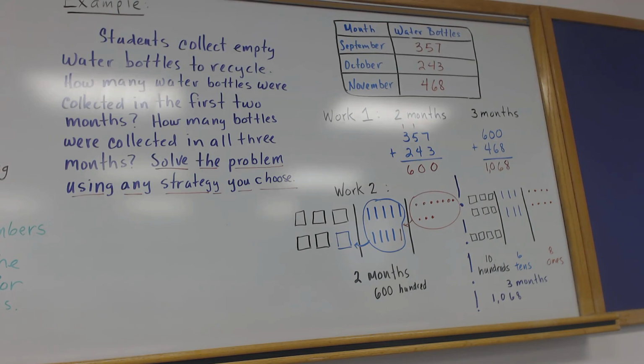Then he added the 6 tens, and then he added the 8 ones. So 8 ones was in the ones place, 6 tens was in the tens place, and 10 hundreds was in the hundreds place. When he added all those figures, it came out to 1,068.